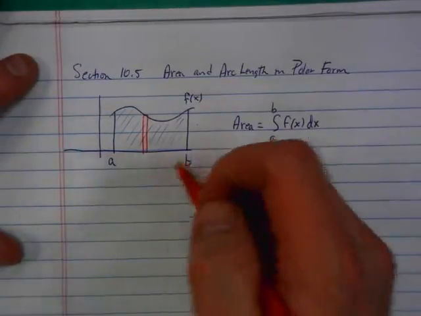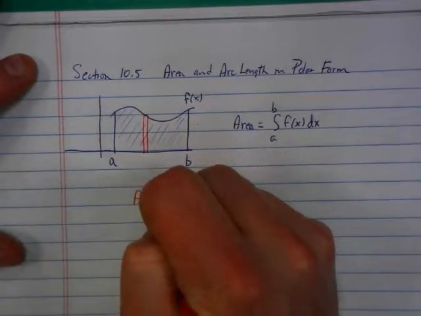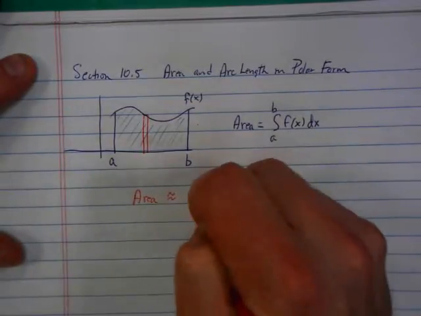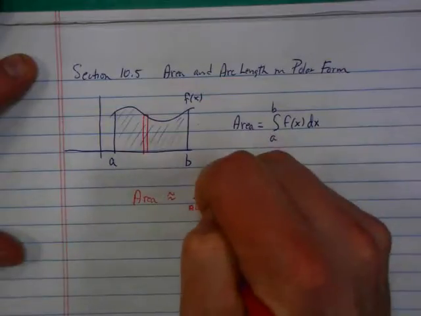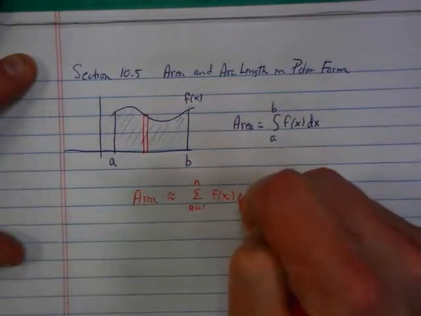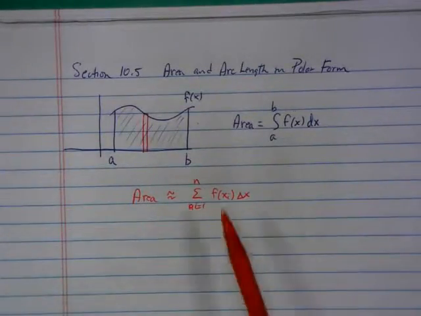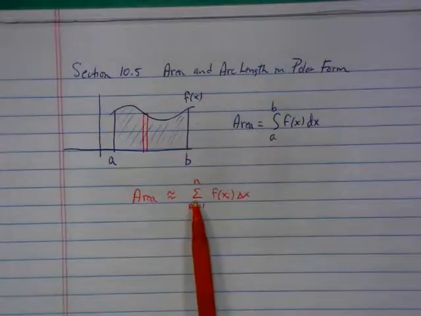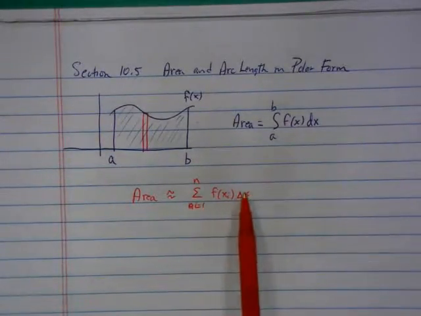So we could find an approximation for the area by adding up the area of each rectangle. This summation means for rectangle number 1, I find its height and its width.